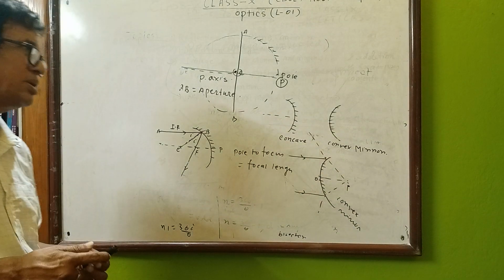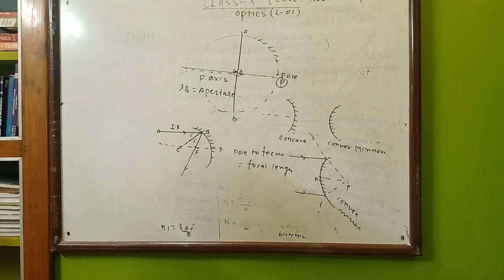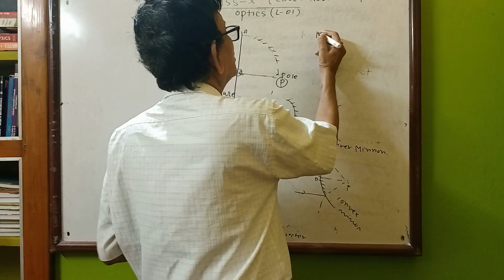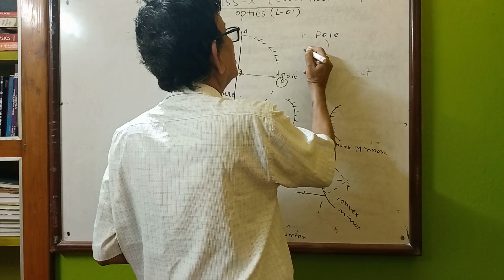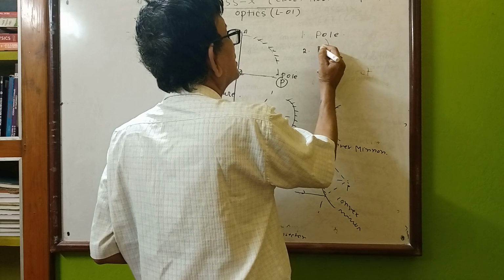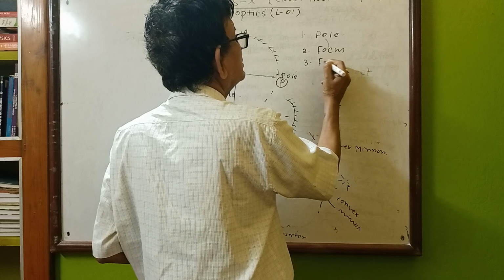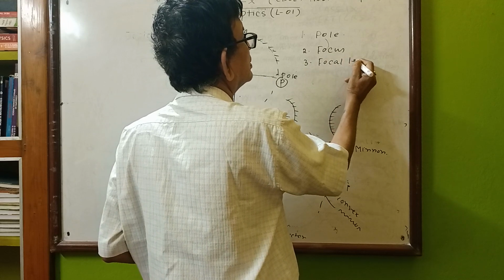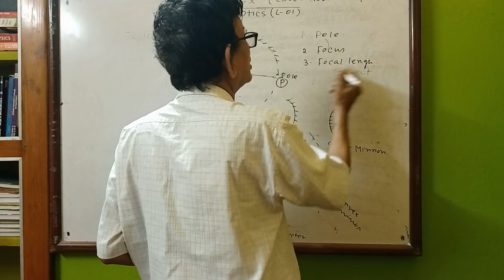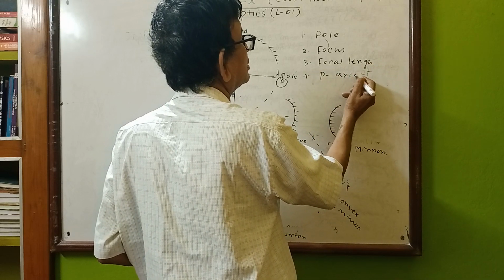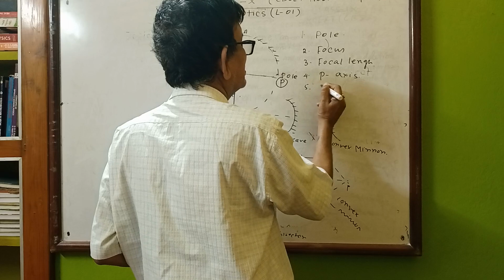This is very important because when you are doing any numericals or any derivation, these terms are very important. One is pole. Number two is focus, focal length. Number four, principal axis, and center of curvature.